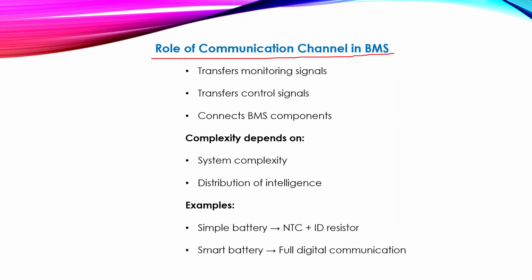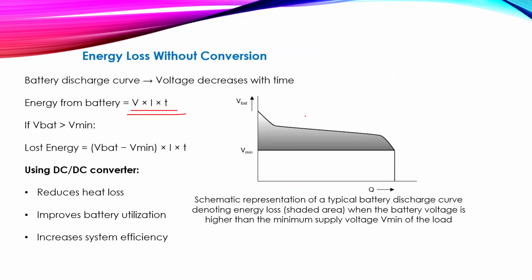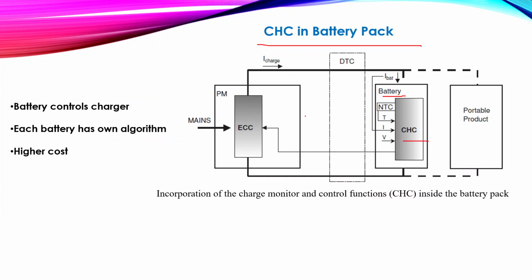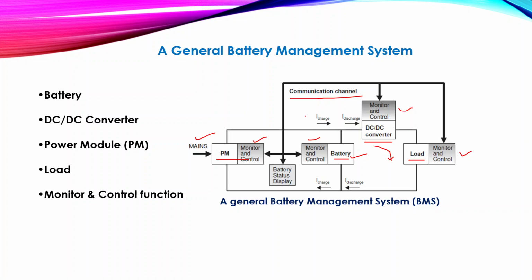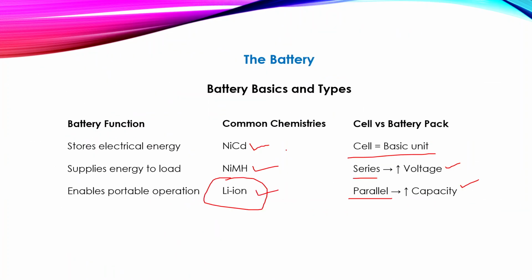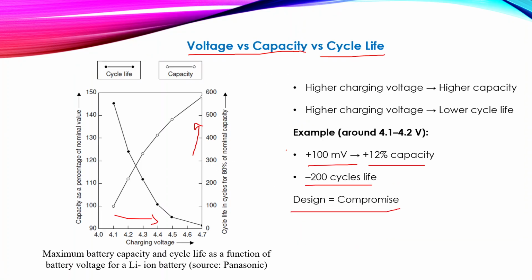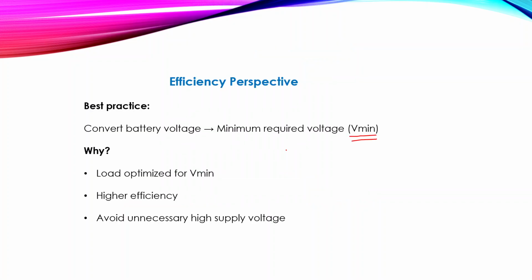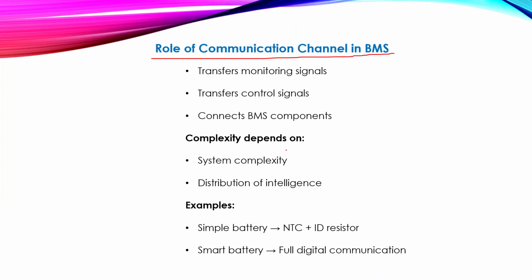The communication channel in a battery management system transfers monitoring and control signals between different parts of the system. As we have seen here in the generalized battery management system, this communication channel is connected to all the parts, which will transfer monitoring and control signals between different parts of the system.